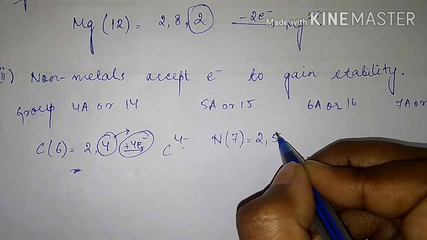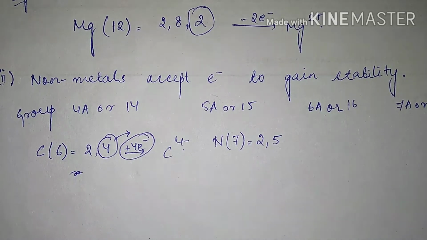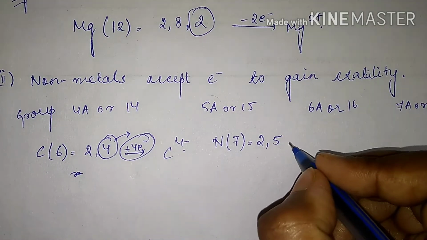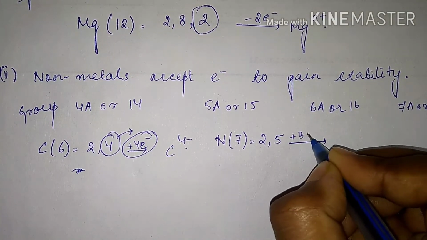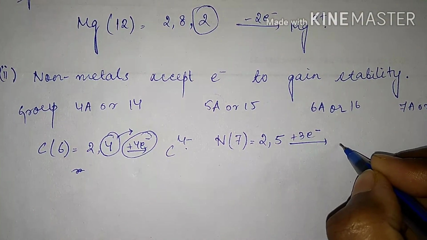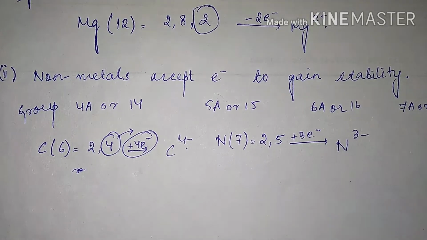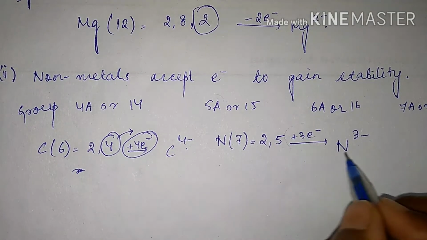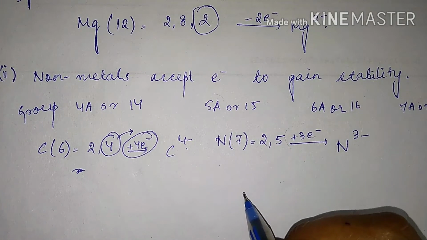To gain stability, that is to have 8 electrons in its last shell, it has to accept 3 electrons. It will become N3 negative, because 3 electrons are getting added to gain stability.